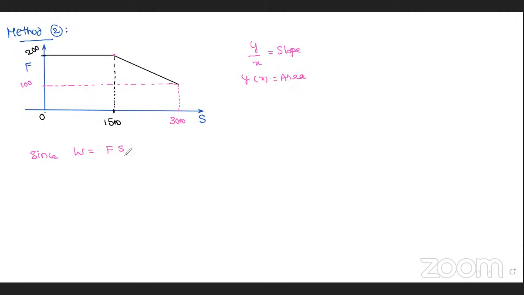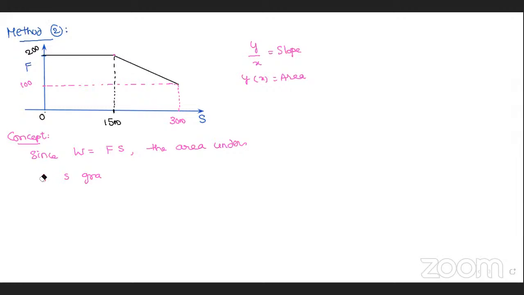Yes. So for the F-S graph, here is the concept: since W equals F into S, the area under the force and displacement graph, not force minus S, gives the work done.